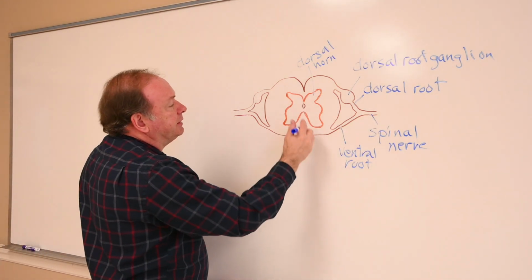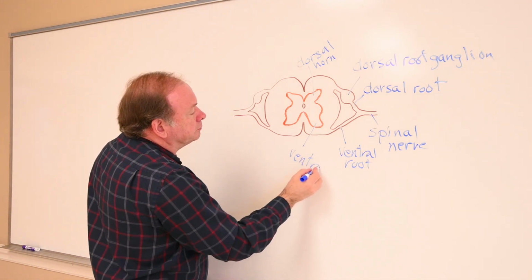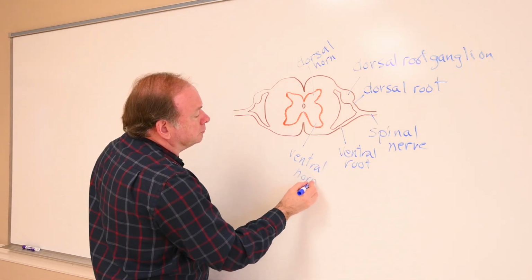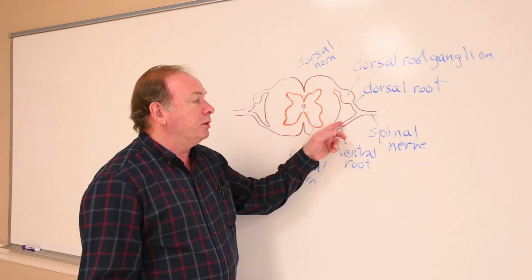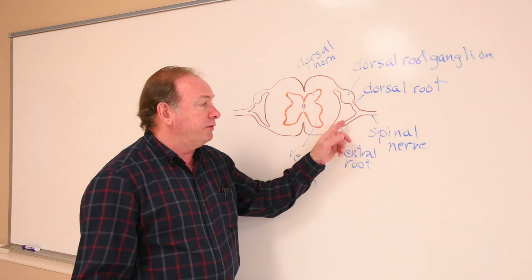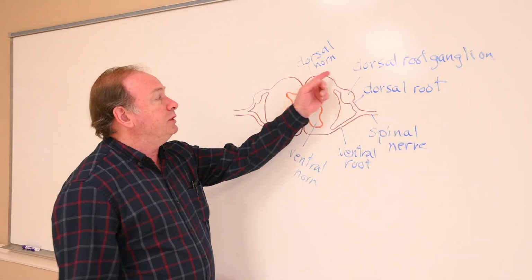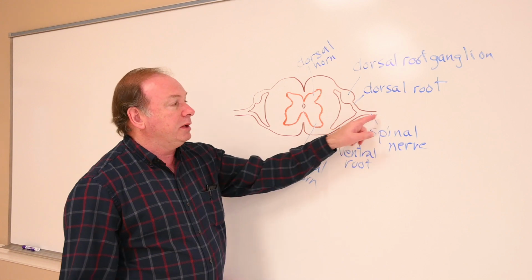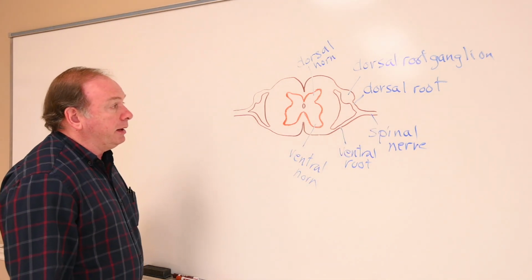And so that means that this down here must be the ventral horn. From the ventral horn, you have motor neurons that send motor axons, motor nerve fibers, out to the periphery. So incoming information goes to the dorsal horn, outgoing motor information comes from the ventral horn of gray matter.